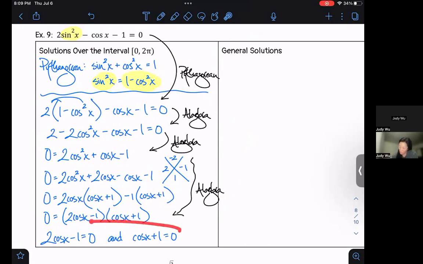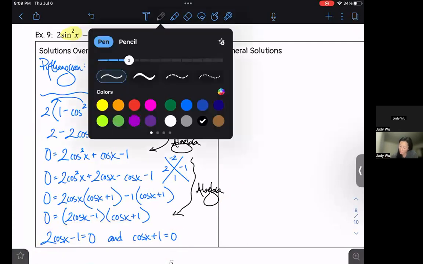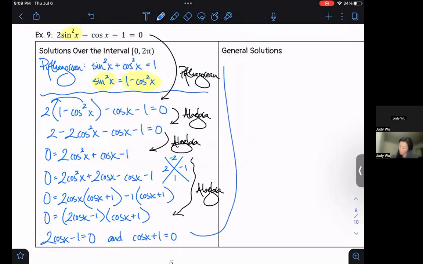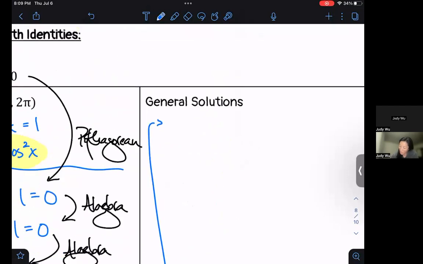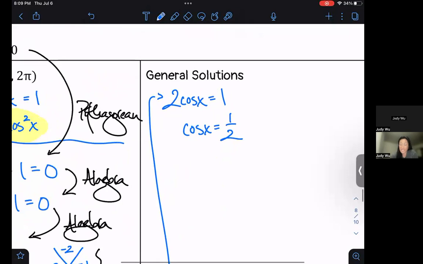So now we're gonna go back to the trig part, right? I'm gonna take these two and I'm gonna continue up here just because I have sort of run out of room. And 2 cosine x equals 1, or cosine x equals 1/2. And that I can solve using my unit circle. So now we're back to the trig.